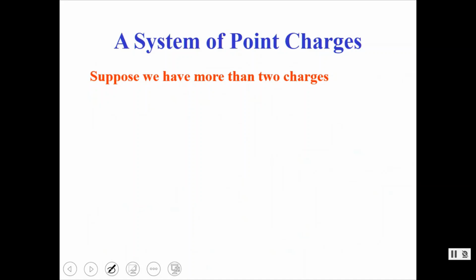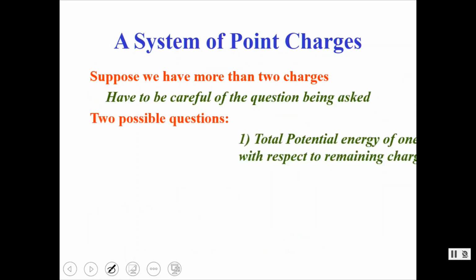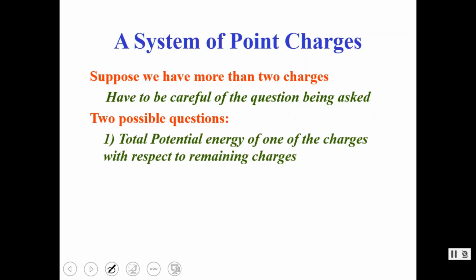Then we have to consider systems of point charges. This is where it gets a little bit wonky, and you have to be very careful about the way a problem is read. If we have more than just 2 charges, we need to think about the wording. One way these questions can be worded is you want to find the total potential energy of one of the charges with respect to the remaining charges.